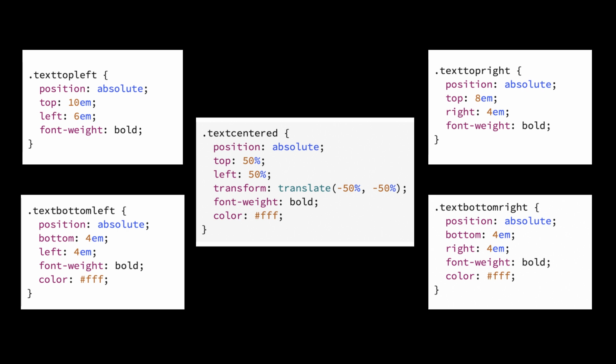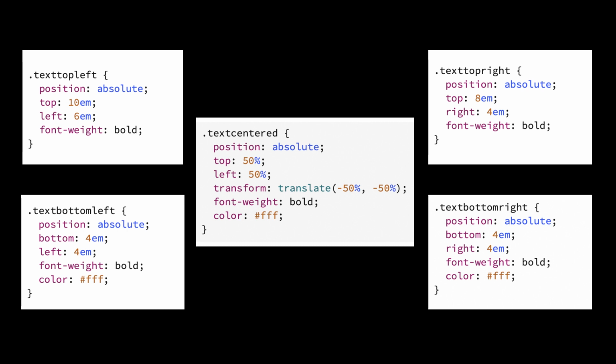To center text over an image, we offset the text 50% from the top and from the left. The reason we add another CSS rule, transform: translate(-50%, -50%); is because when we move the text element, we are not moving the element from its center, but its upper left corner.